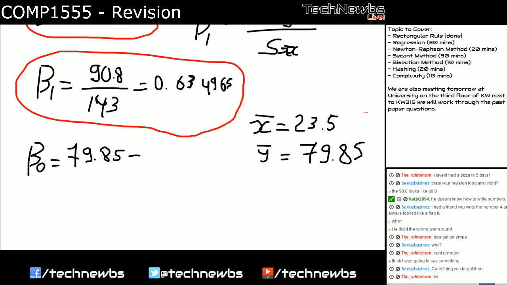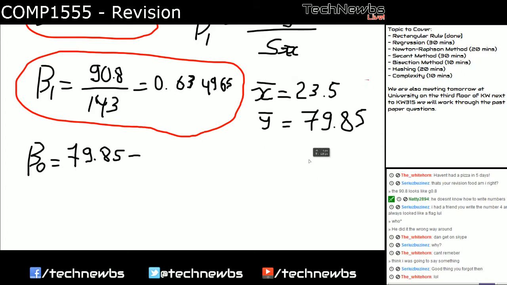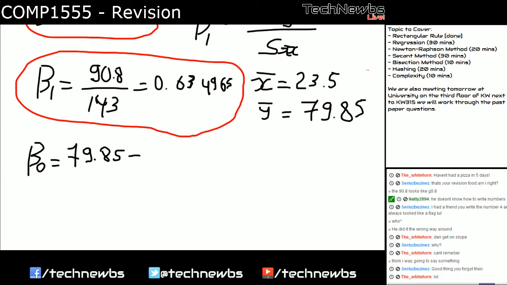I'm going to move this a bit further up actually. So yeah, this will be 23.5. I'm going to put 0.634965. So you get that value, and then you times that value by 23.5 to get beta 0.